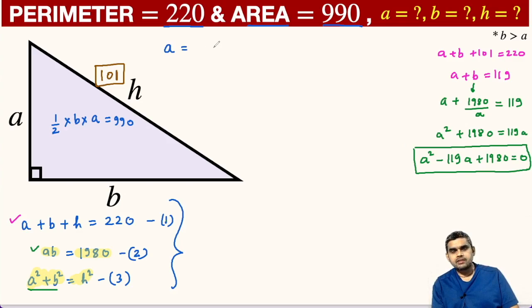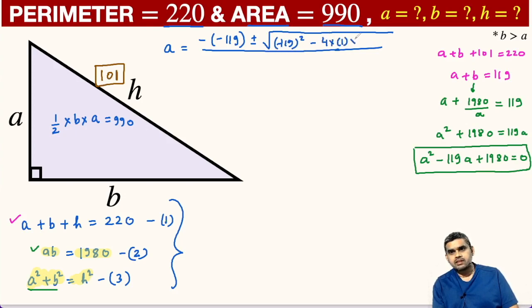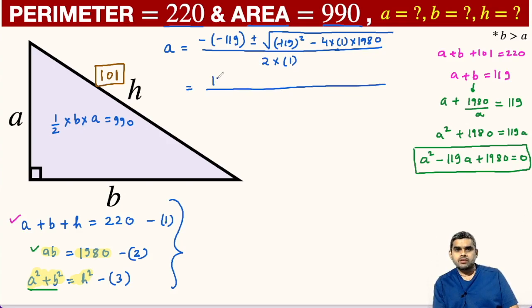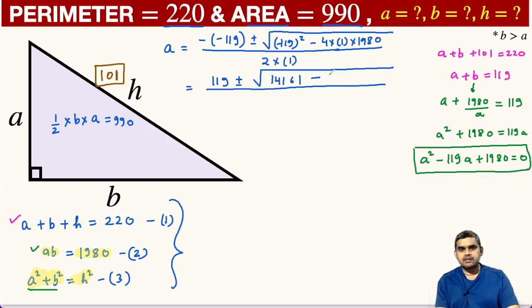So a will be equal to negative of minus 119 plus minus square root of negative of 119 whole square minus 4 times 1 times 1980 upon 2 times 1. So this will be positive 119 plus minus square root of 119 square will be 14161 minus 4 times 1980 will be 7920 divided by 2.